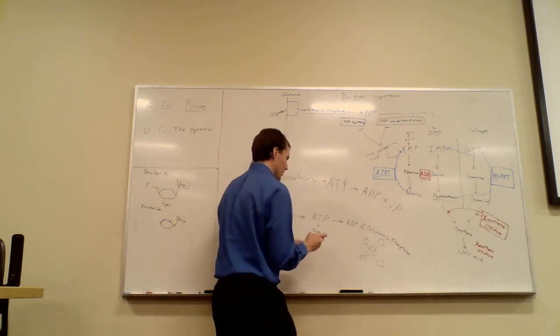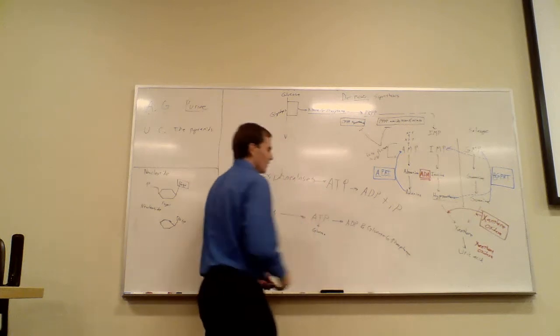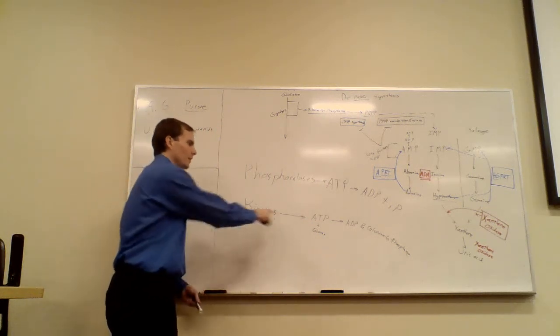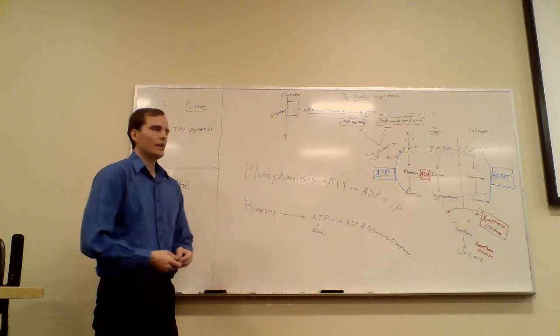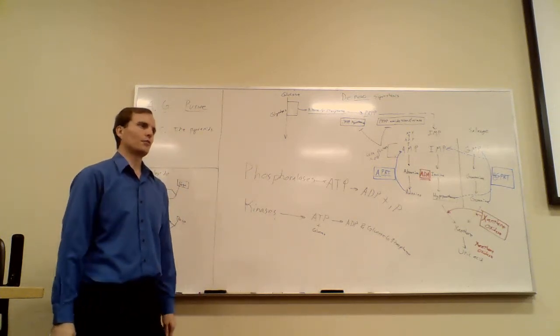That's the difference. If it says kinase, then 99% of the time it is throwing it onto something else. If it's a phosphorylase, 99% of the time it's throwing it free into the fluid.